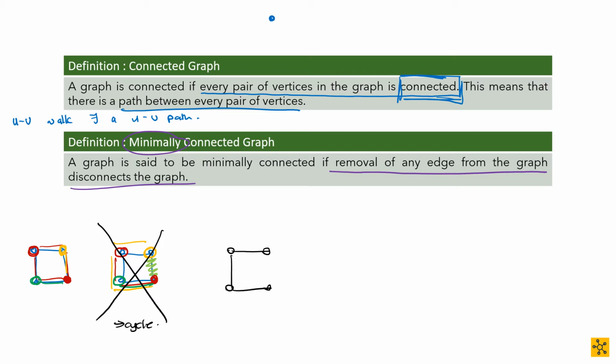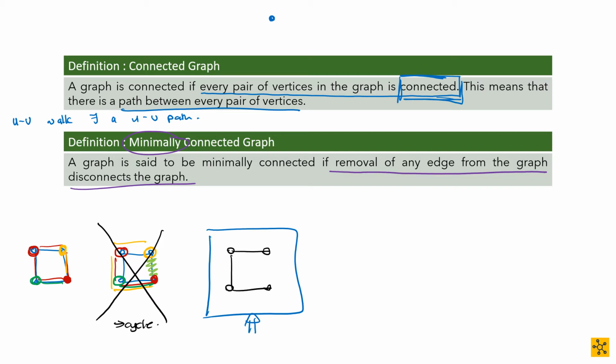And there's something very important that you should be able to notice from this. For it to be minimally connected, it can't have cycles. What was the definition we just covered? We covered a definition that a tree is an acyclic graph. So a tree is a minimally connected graph as well.